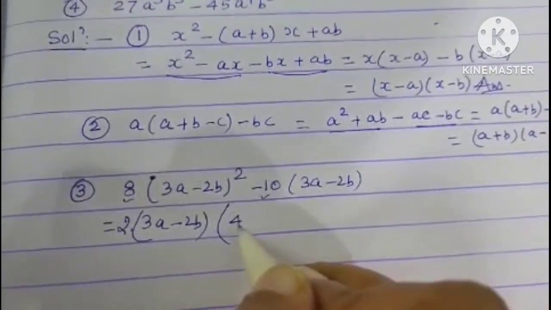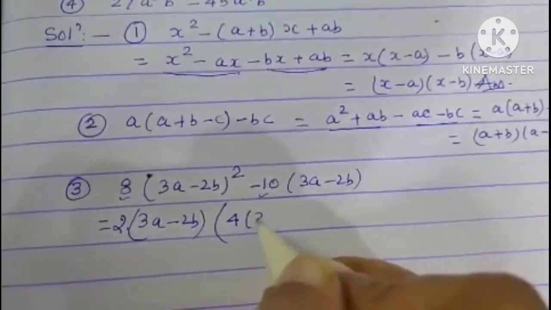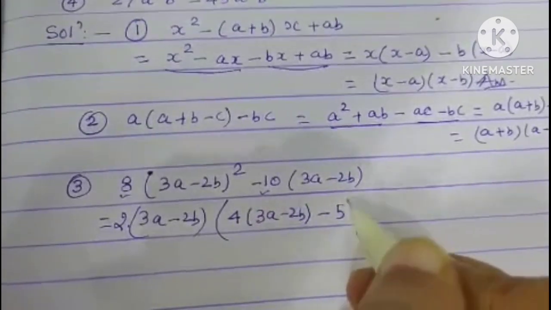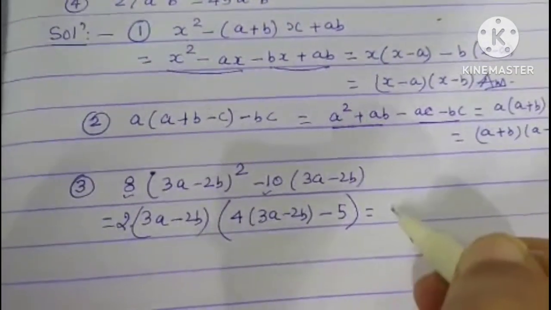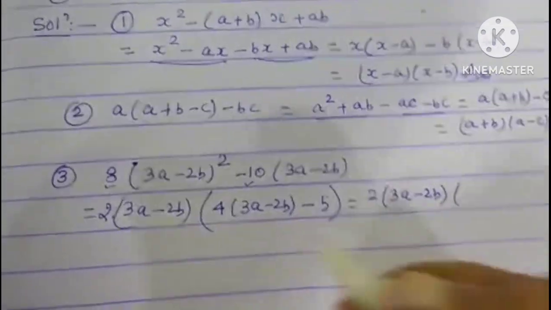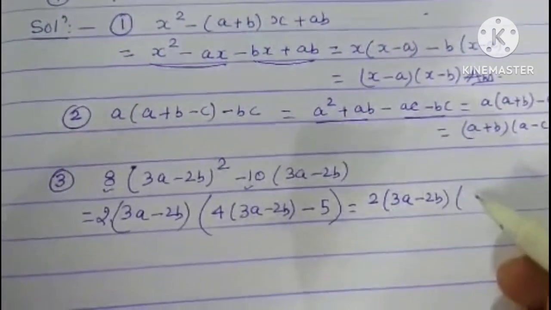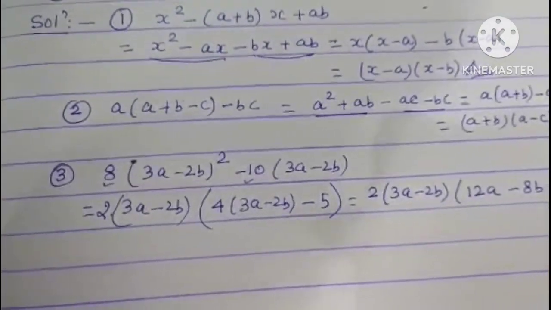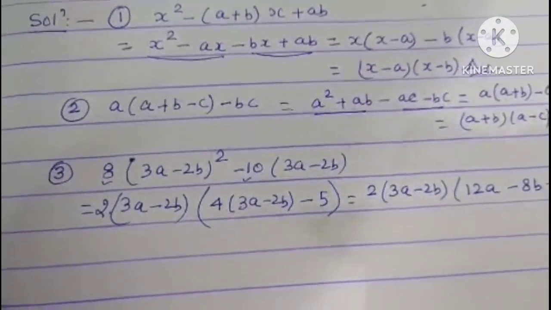So here we will have 4 and again (3a − 2b), and here we will have 5. So we can write 2(3a − 2b), and here let us multiply 4 × 3 is 12a − 8b − 5. This will be our answer.